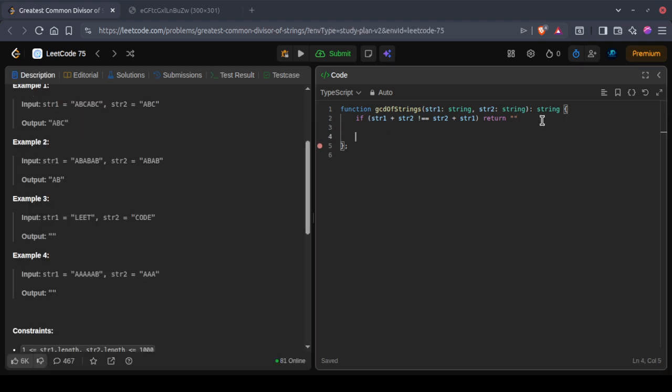Now we have to find the GCD. For that I need the length of both strings. So length is equal to GCD of str1.length and str2.length. I get both the lengths here.